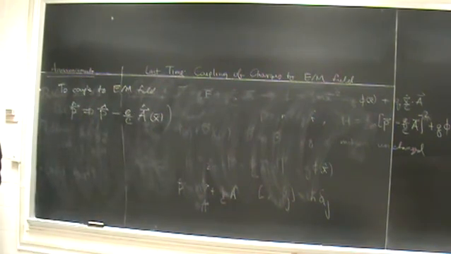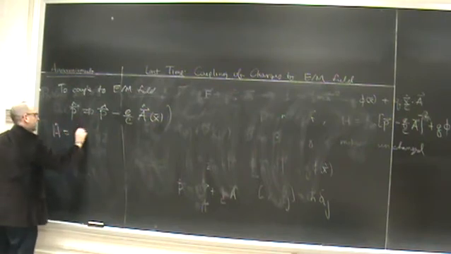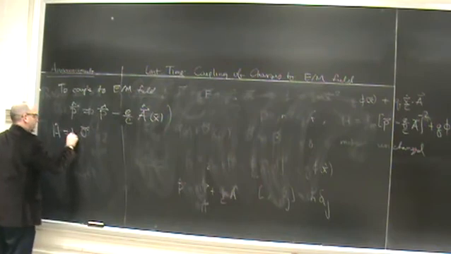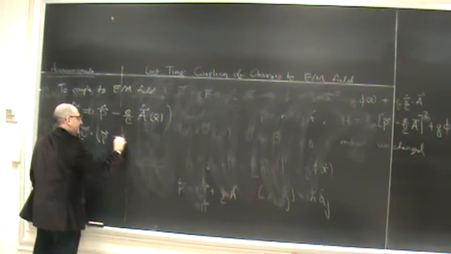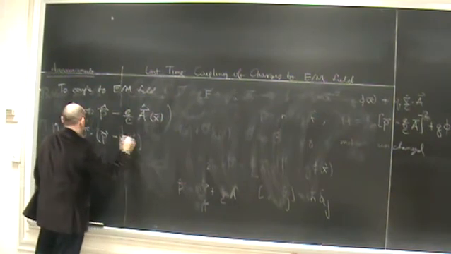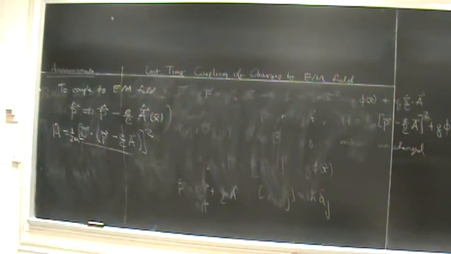So I do that, and I get H is 1 over 2m, sigma dot (P minus e over c A), squared. Okay?